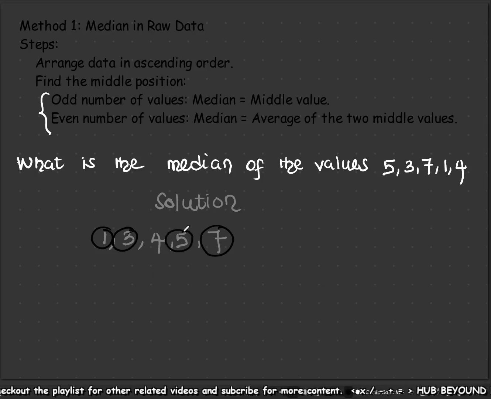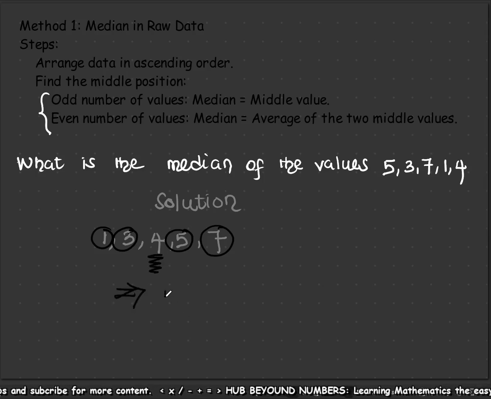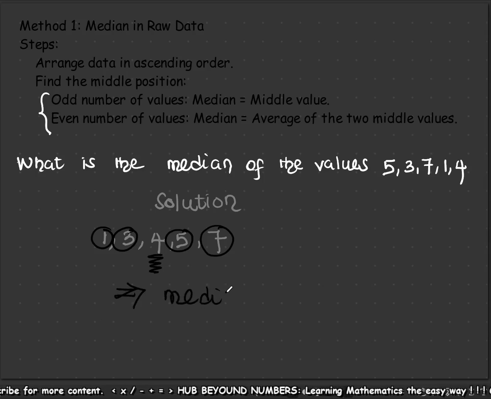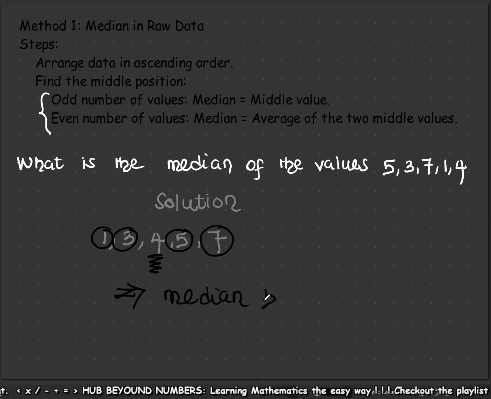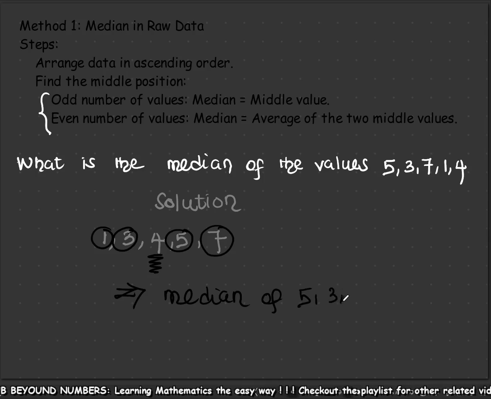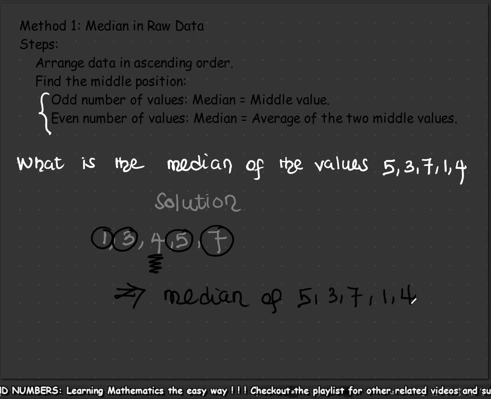This also goes with this, and then it means this one is my number in the middle position. So it simply implies that the median of the data set we were given, that is 4. Very simple.